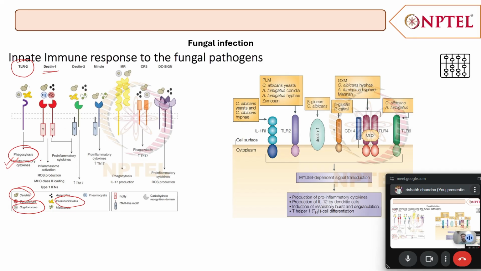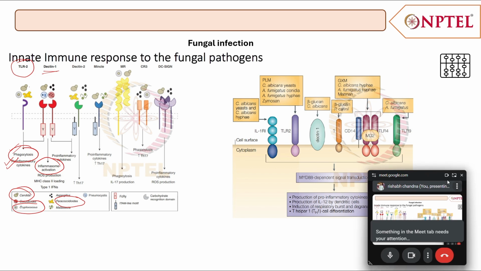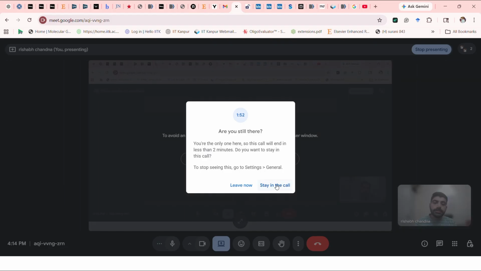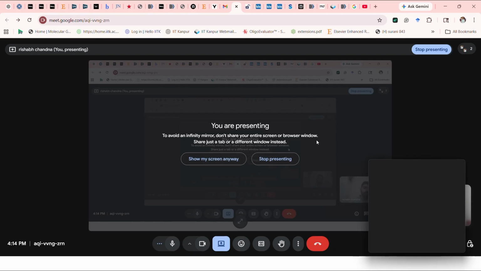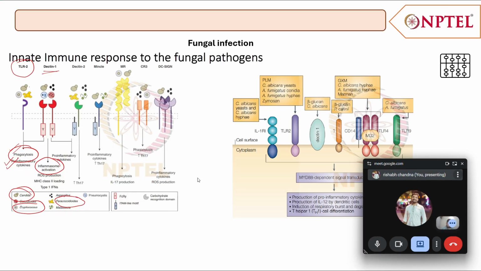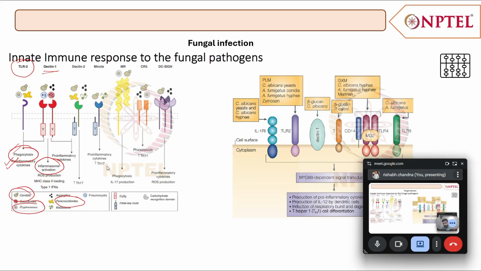It helps in activating either the phagocytosis, or it helps in activating the inflammasome. Okay, it further helps in production of reactive oxygen species, MHC class 2 loading, and release of type 1 interferons that help in the inflammatory response.